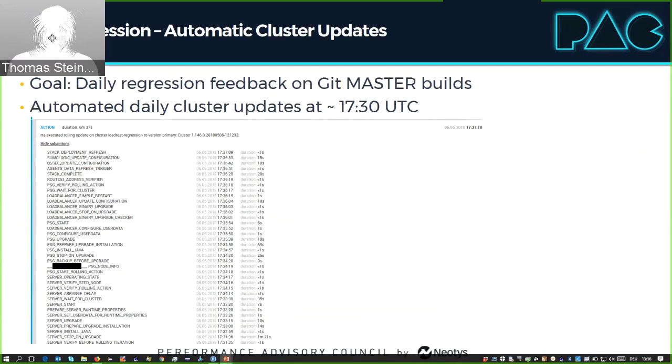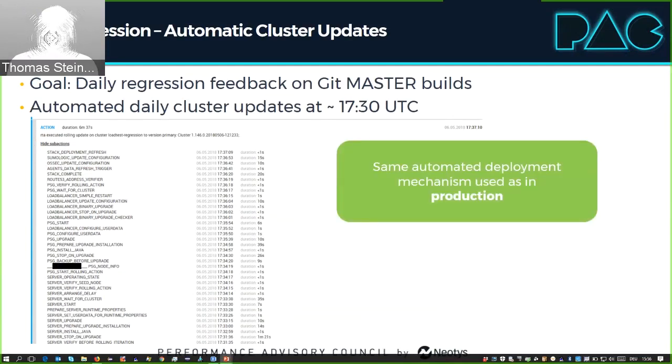On a daily basis, we get a new cluster build, and the nice thing is that with this approach, we not only test the cluster, but also the orchestration layer. For deploying new cluster builds in dev and sprint stages, we use the same mechanism as in production.